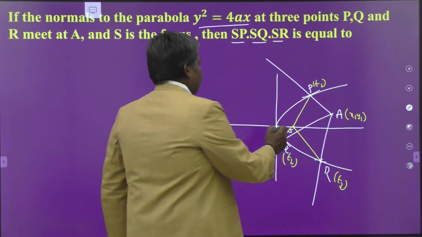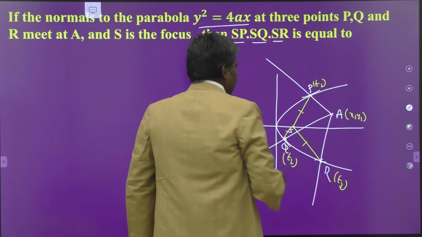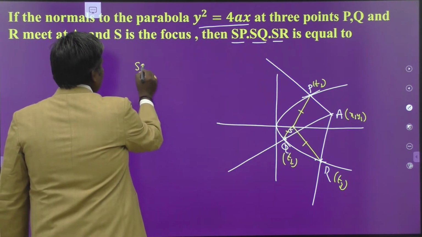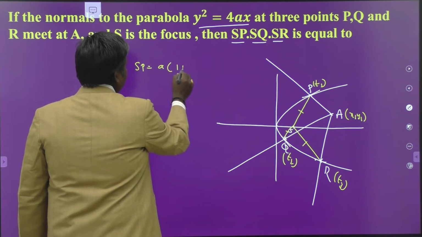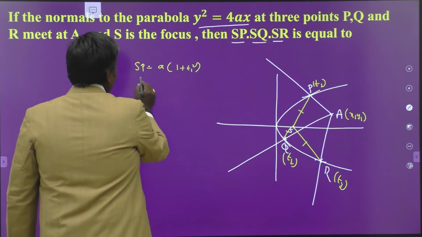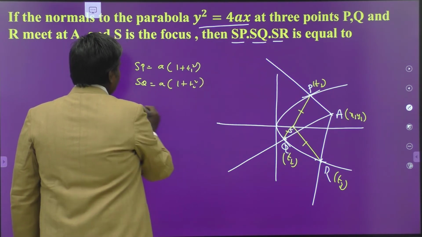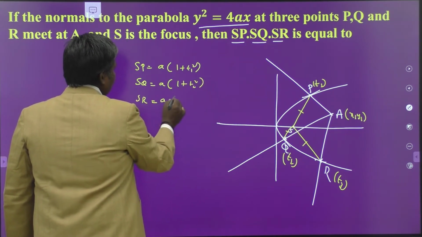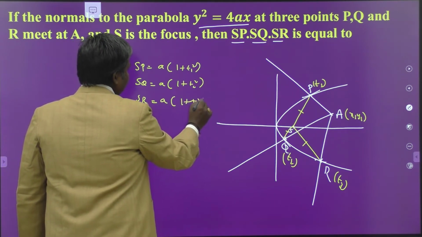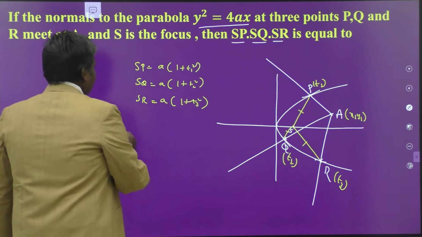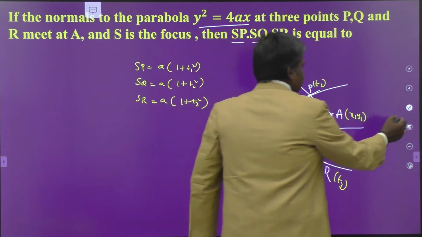Now these are the 3 focal distances, SP, SQ, SR. What is SP, my dears? a into (1 plus t1 square). What is SQ? a into (1 plus t2 square). What is SR? a into (1 plus t3 square). Focal distances. Now take the product of these 3 values, SP into SQ into SR.